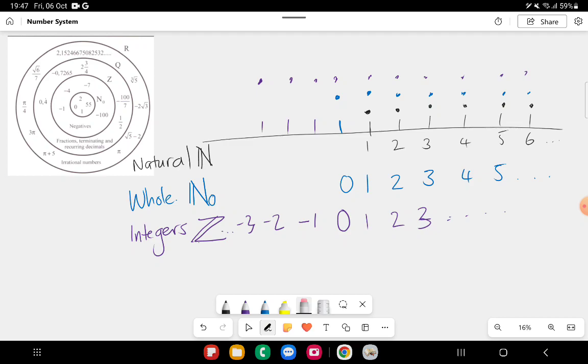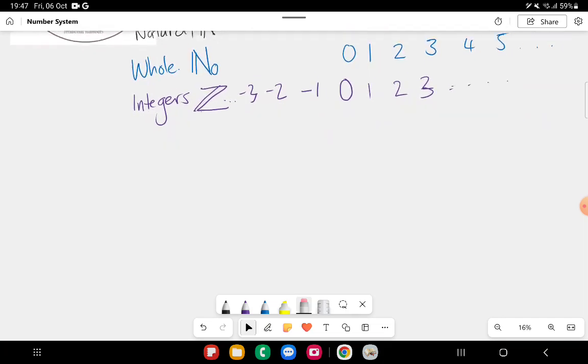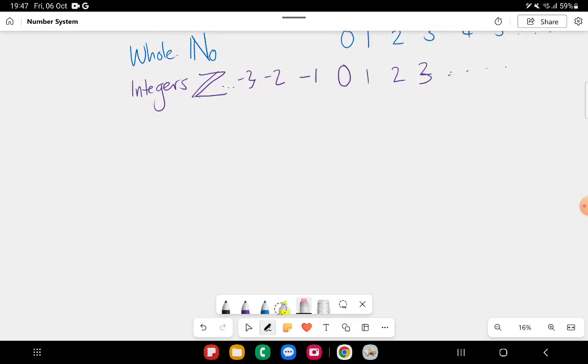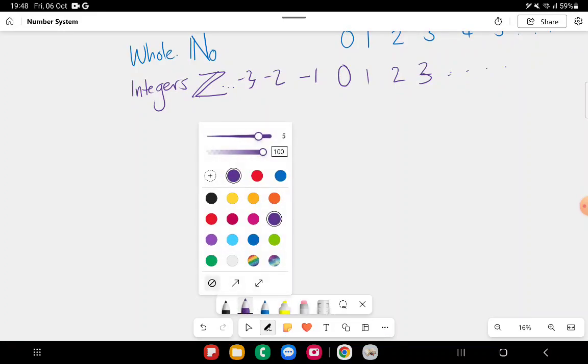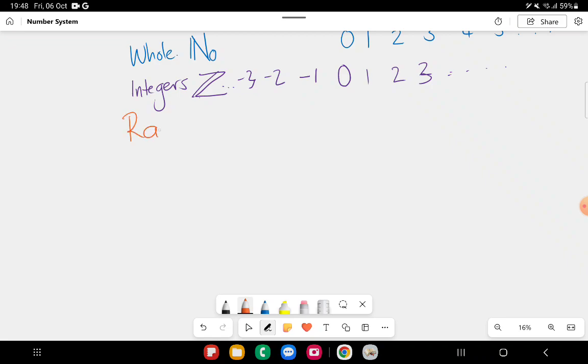Now we have this concept of rational and irrational numbers. You need to know the difference between rational and irrational numbers. So let's do rational numbers in orange, and we'll do irrational numbers in red.